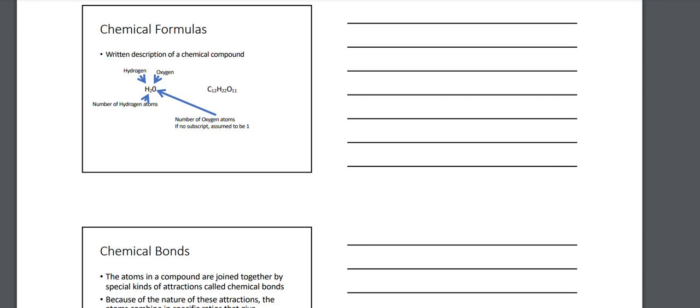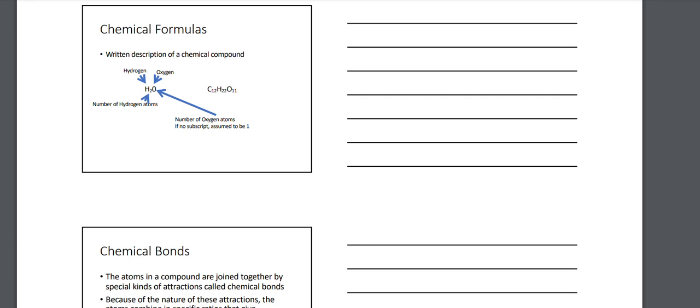So I have 2 hydrogen and 1 oxygen. This is the molecular formula, or the chemical formula, for water. It never changes. You're not going to find H2O in our textbook and then find it as H3O, for example, in another textbook. It doesn't exist that way. This is the universal molecular formula for water.